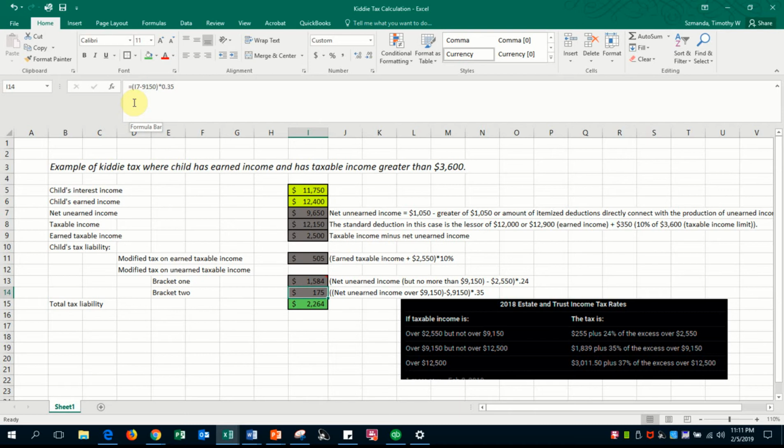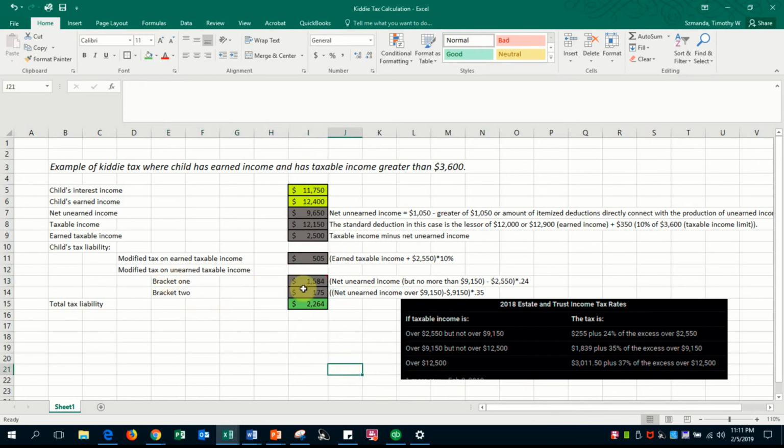So in this case we have 9650 minus 9150 times 35%, because that's the next tax bracket for the estate and trust, and that gives us $175. So that's the tax at 35% of the amount of unearned income we didn't tax in the previous tax schedule. And this calculation is very similar to what we would use in calculating any marginal tax rate.